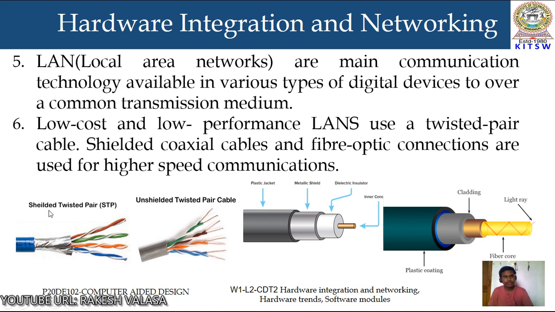These twisted pair cables are divided into two types. First one is shielded twisted pair cable. Second one is unshielded twisted pair cable. Twisted pair cables are most effectively used in a system that uses a balanced line method of transmission.